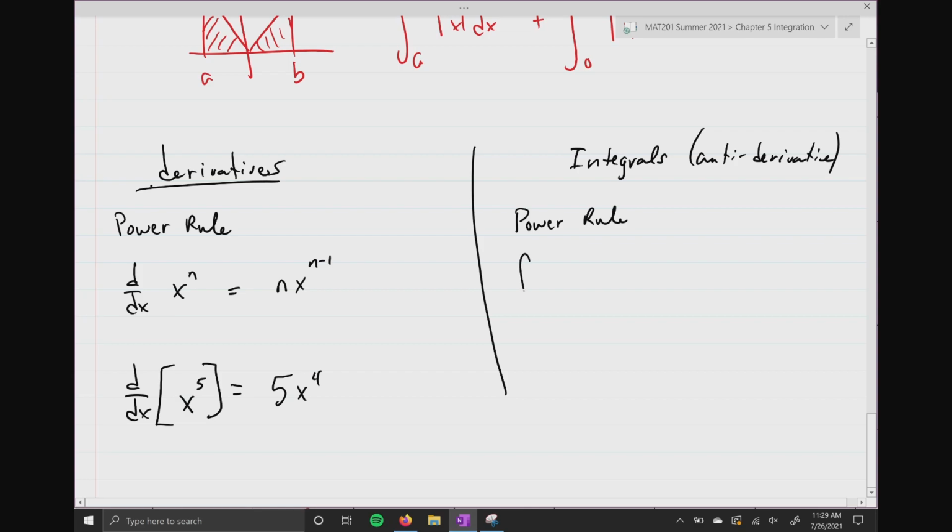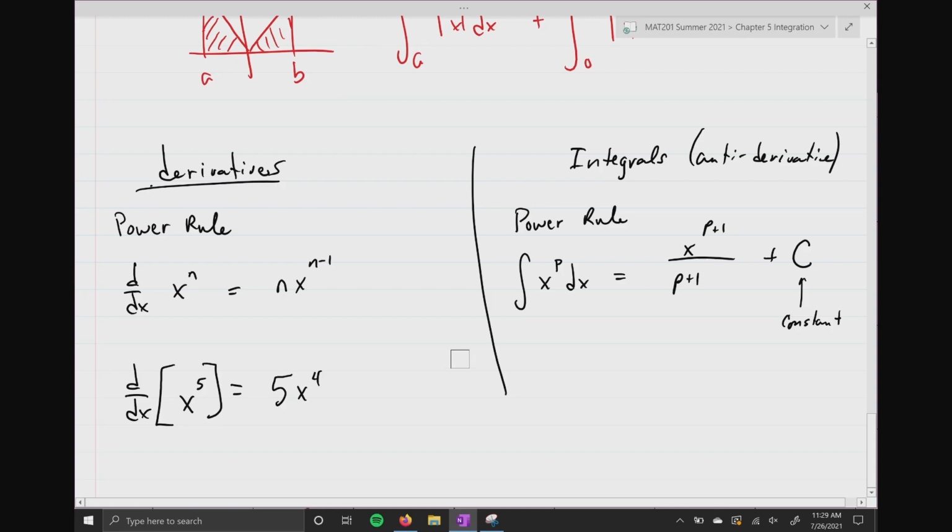The integral of x raised to some power p times dx is going to equal x raised to the p plus 1, all divided by p plus 1, plus this arbitrary constant c right here. Okay, that's just a constant. Now, I will come back to this constant in a second.